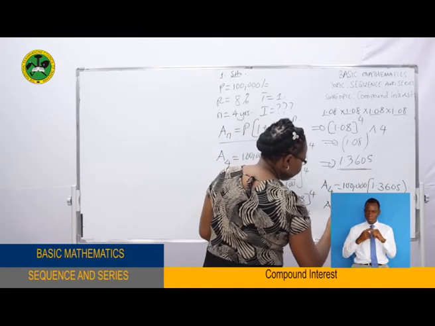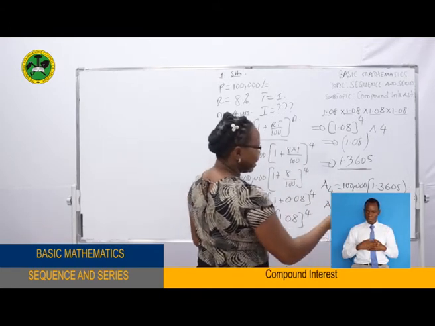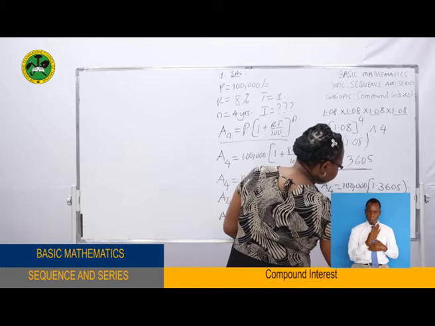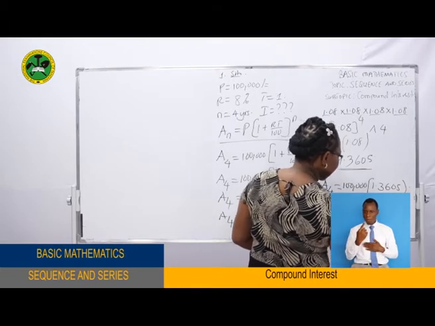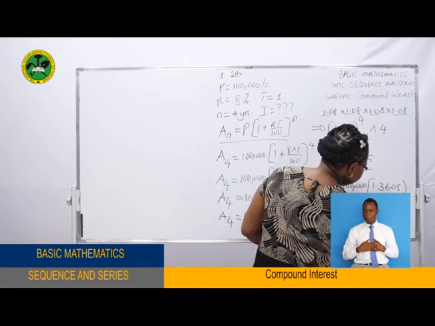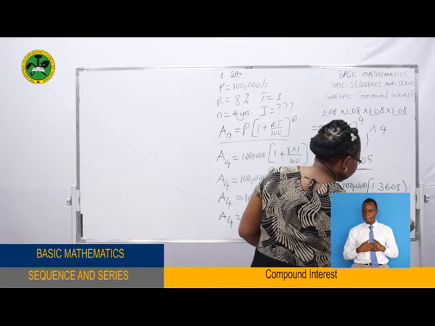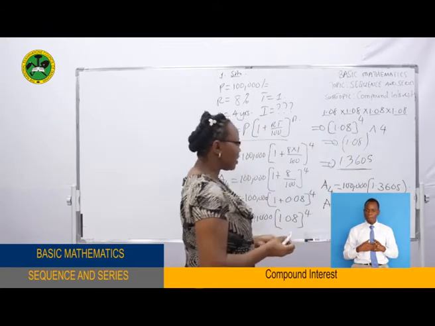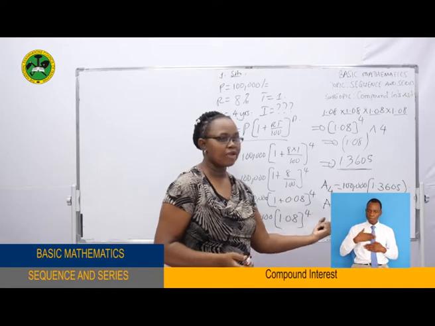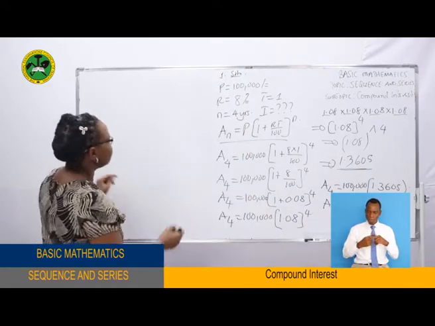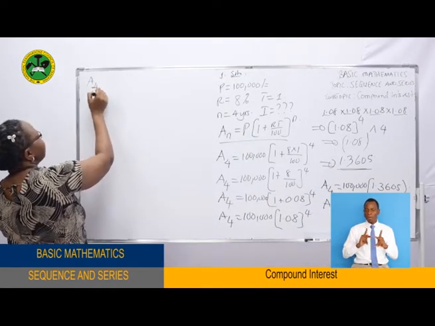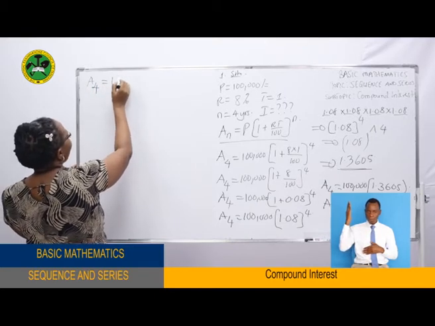Then A4 equals, after multiplying the number, we obtain 136,050. So this is the amount obtained after the 4th year.